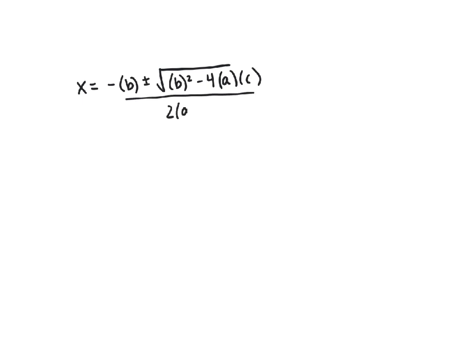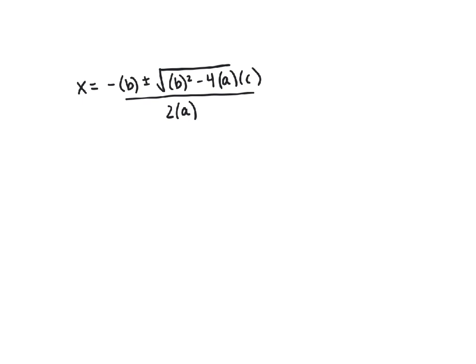Alright, so on our first example, I'm going to go ahead and write the quadratic formula at the top. So again, we have x equals negative b plus or minus the square root of b squared minus 4 times a times c, all of that over 2 times a.